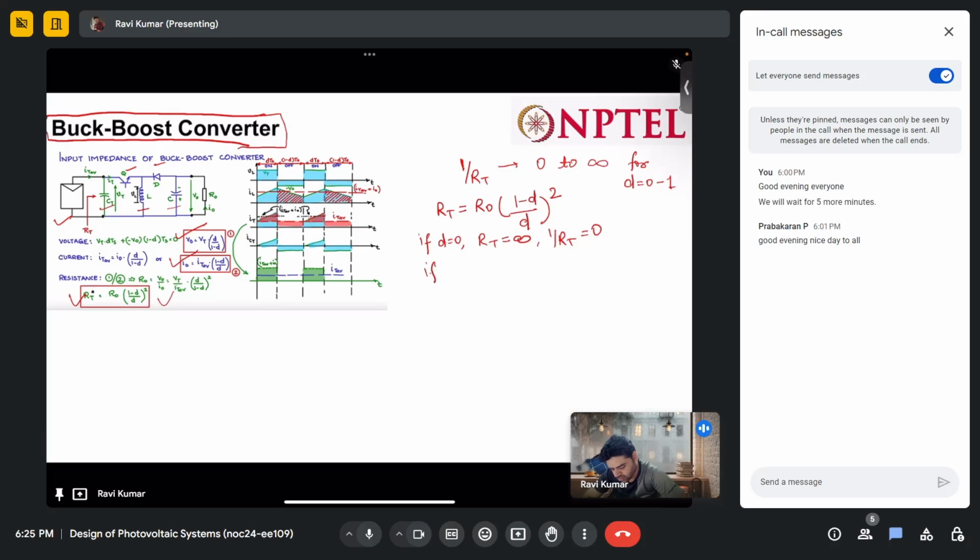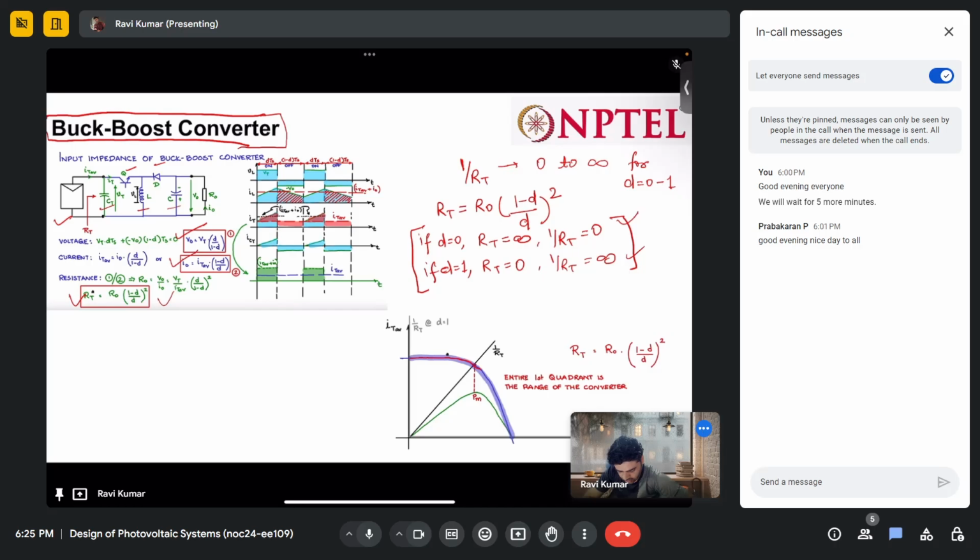And if D equals 1, then RT will be 0 and 1 upon RT will be infinite. So yes, using this we are able to trace our entire IV characteristics. Our load line will go from 0 to infinite slope. So here you can see we are able to trace the entire IV characteristics.